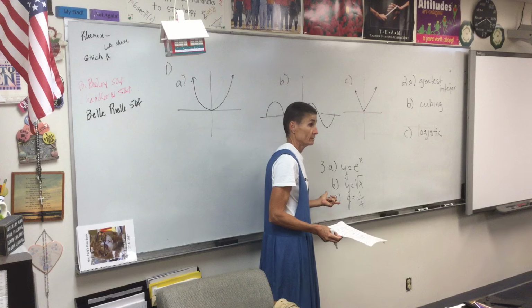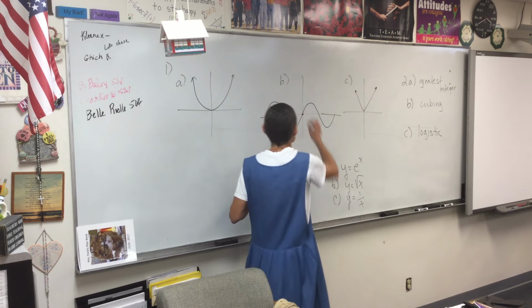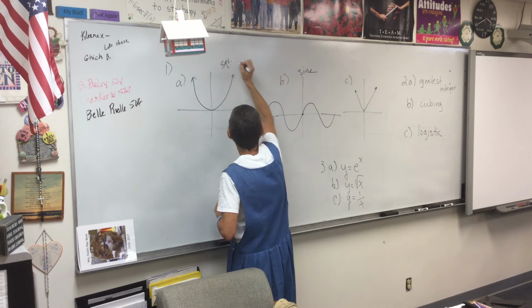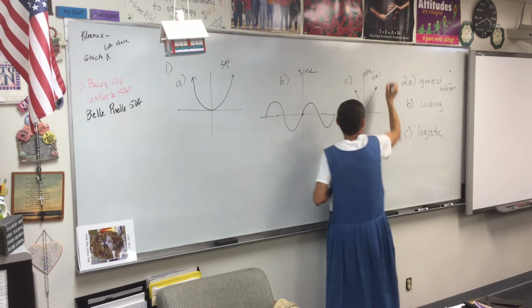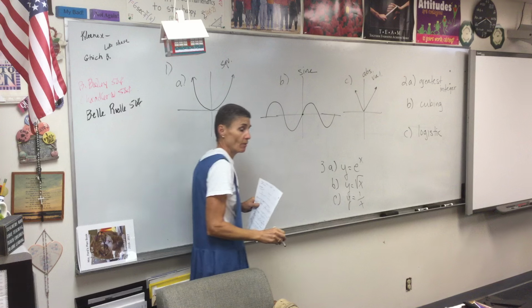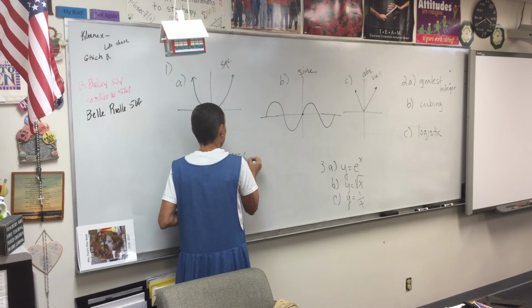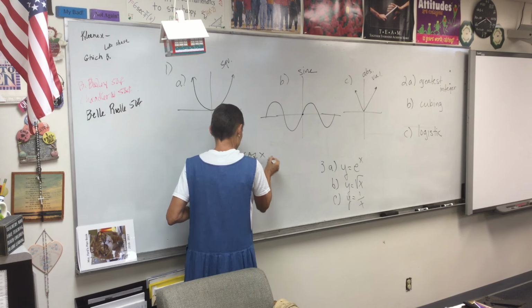There's 3 more. So look on the board, what do we not have? This was the sine, this was the squaring, and this was absolute value. What have I not included in the quiz so far? Cosine. So you can either draw it or write the equation of it or name it. So I'll just say y equals cos x.